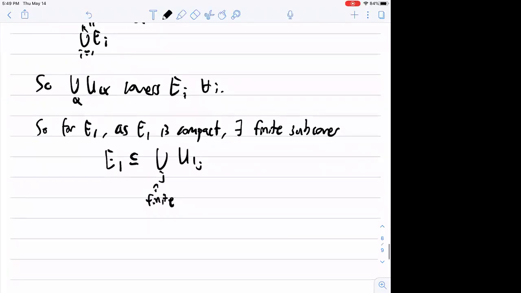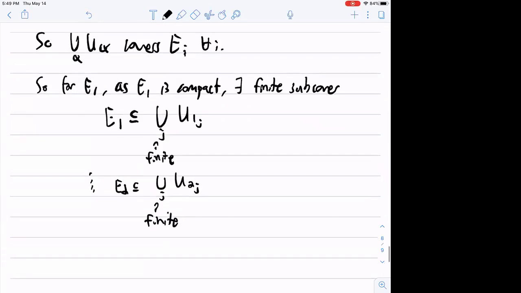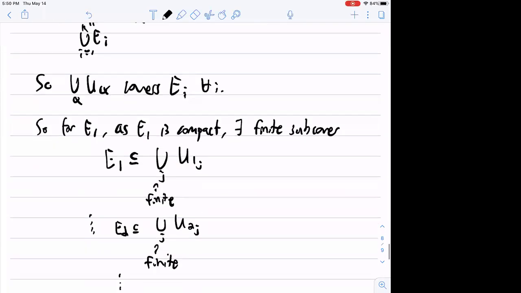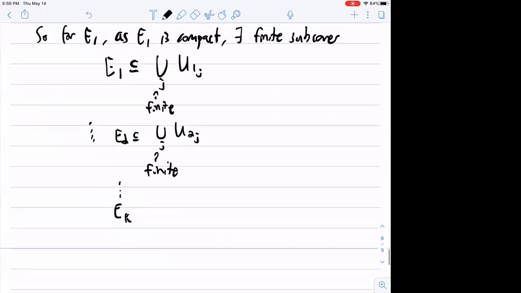And similarly, E2 is contained in the union over j of U_2j. It could be different numbers, right? I don't want to specify, but this is also finite. E2 could require 6 open sets and E1 require 5, but it's finite. And all the way to, how many did I have? E_K, so E_K is contained in the union over j of U_Kj.